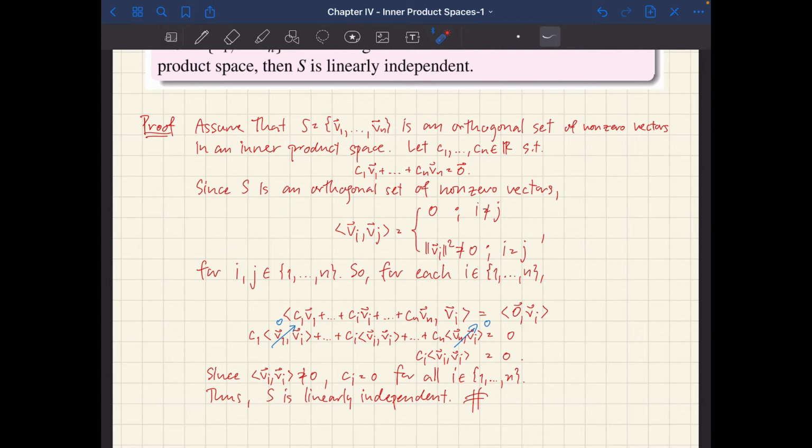Because S is an orthogonal set, the inner product of Vi with itself is the norm of Vi, and for the other terms it is equal to 0. The first term is 0, and so on up to the last term, which is 0.